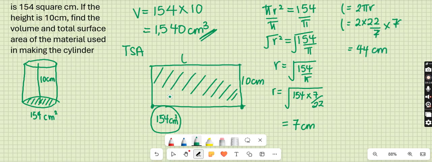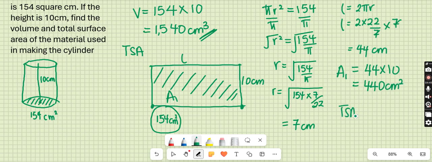To find the area, let me call this A1, we multiply our length, 44, by the height, 10. In terms of a rectangle, this is length times breadth. So that will be 440 centimeters squared.